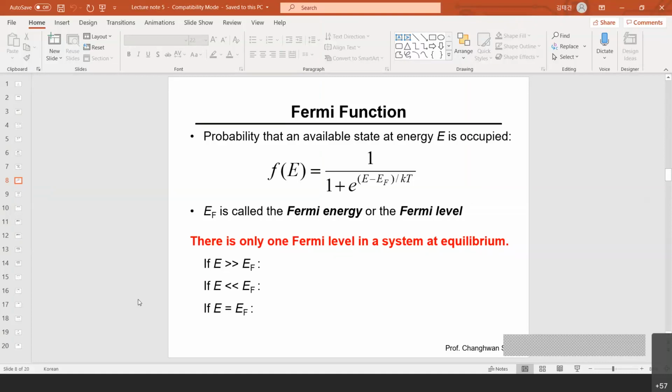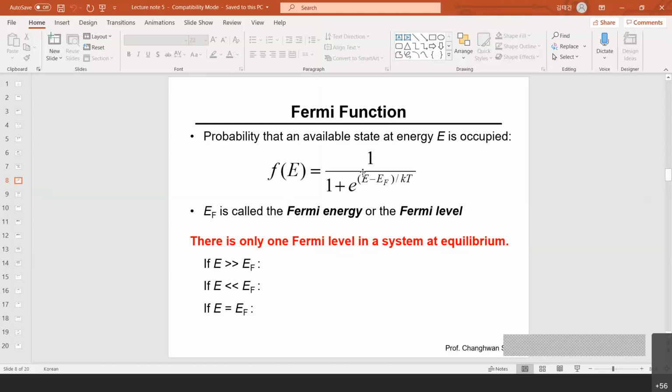However, with the help of the Fermi function, you may simply answer this question, because the Fermi function indicates the probability that an available, or empty, energy state is occupied with an electron. Last week we plugged in a certain energy value, the Fermi energy level. So instead of E, plug in E sub F. Then you may do a simple math calculation: 1 plus exponential of (E_F minus E_F) over kT.